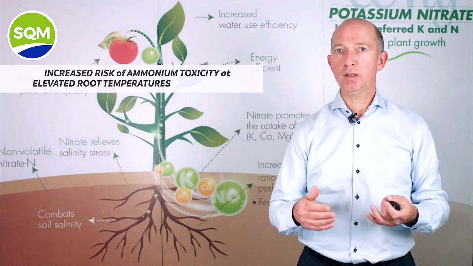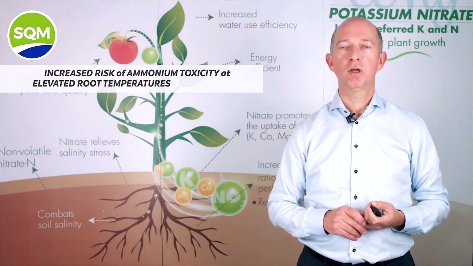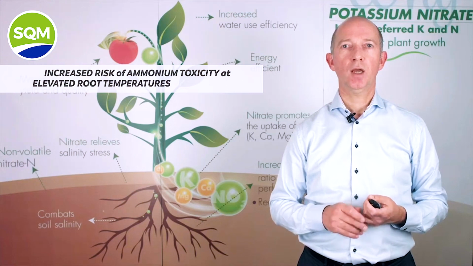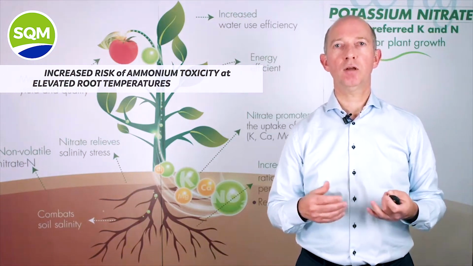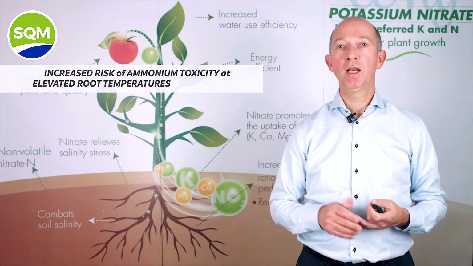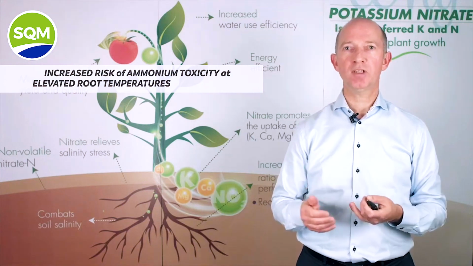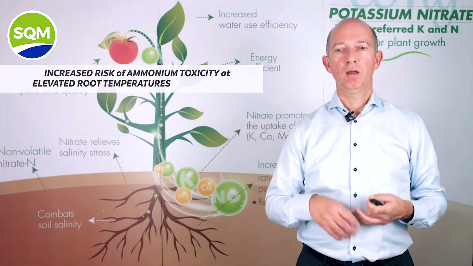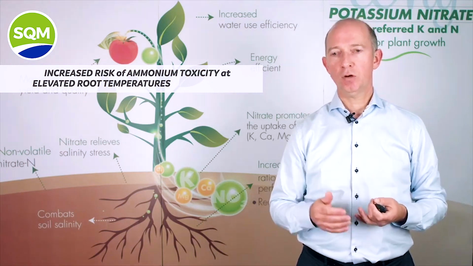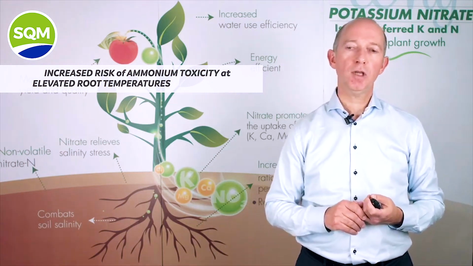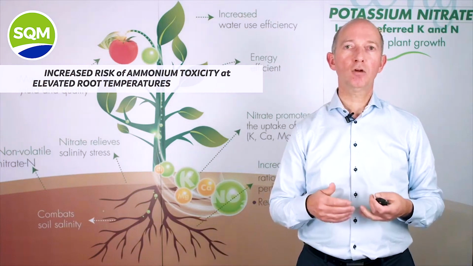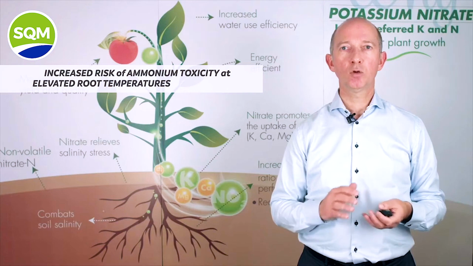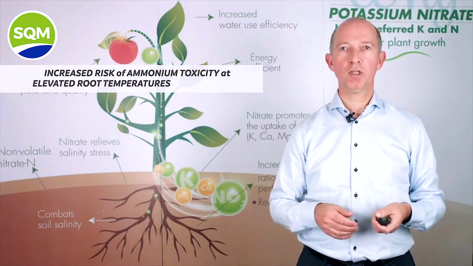Now, under these higher temperature conditions, the root system is less efficient with the sugars, and more sugars are burned in the root respiration process, leaving less sugars available for this detoxification of ammonia. And that is shown in this study: at higher root temperatures, when plants are fed with ammonium, the roots will die from ammonium toxicity.